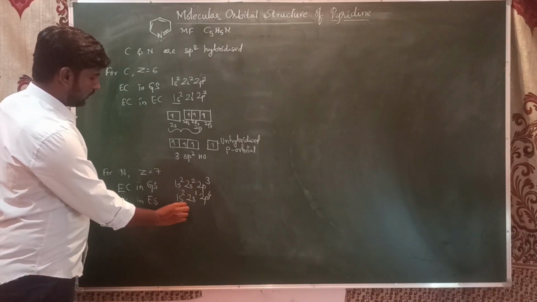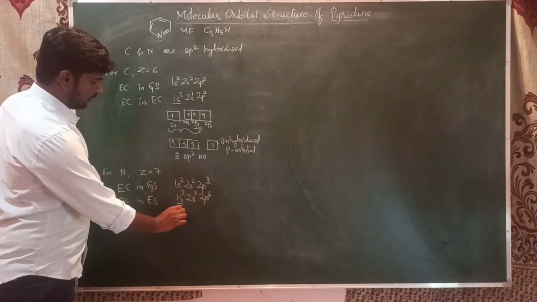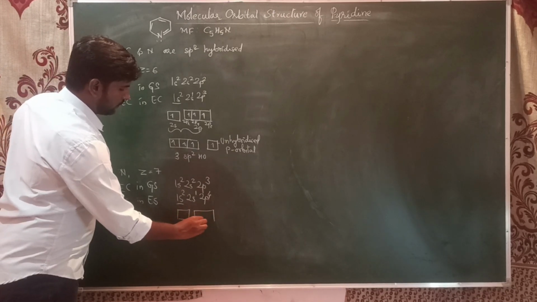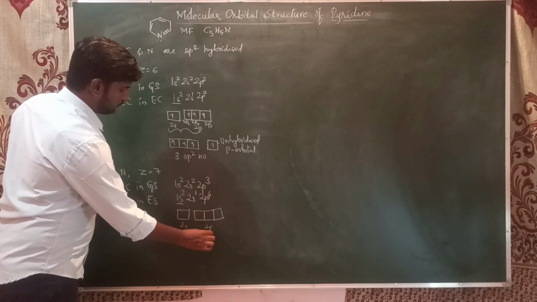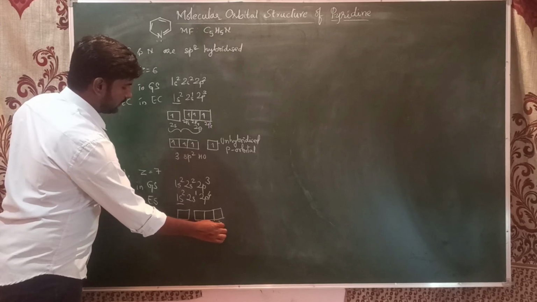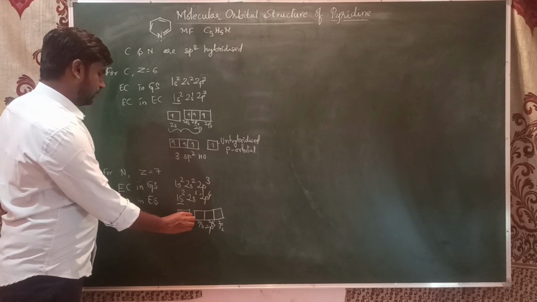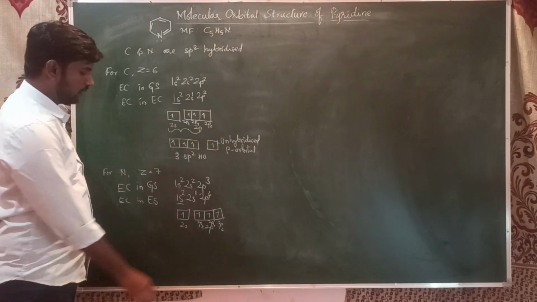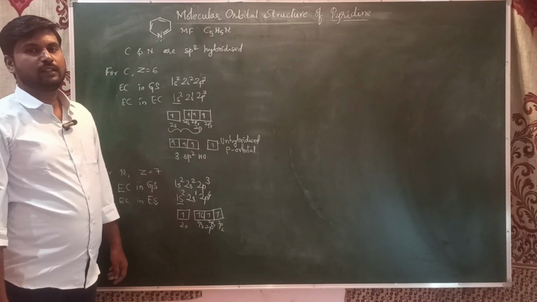Here also the inner orbital does not involve in hybridization. There are the 2s, 2px, 2py, 2pz orbitals. According to Hund's rule, one electron each, but one of the electrons will be paired in the hybrid orbital itself.